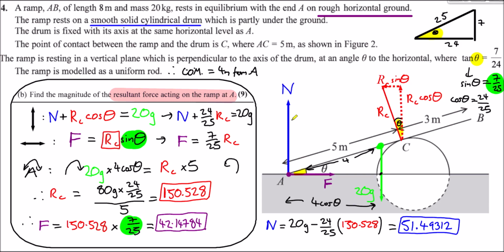So resultant is the net combination of the normal reaction force plus the friction. So if you imagine joining these two together, like so, if I just imagine moving F up here, then clearly the magnitude would be the line going straight from A to F.